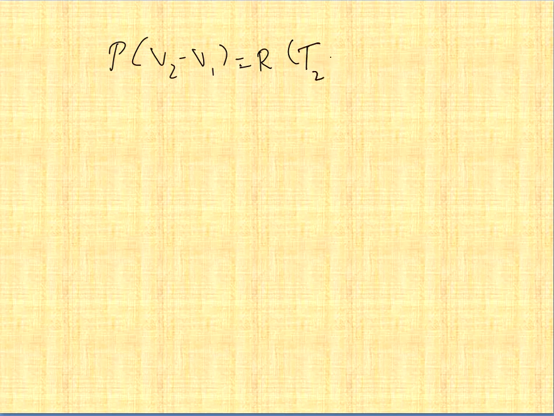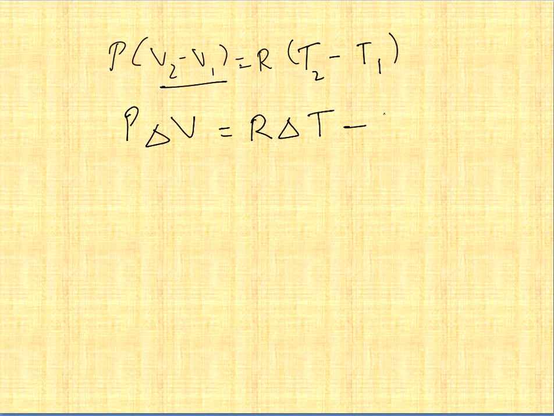What is this? This is change, final minus initial. So P delta V is there, and this is also final minus initial, R delta T will be there. Name this the third equation.